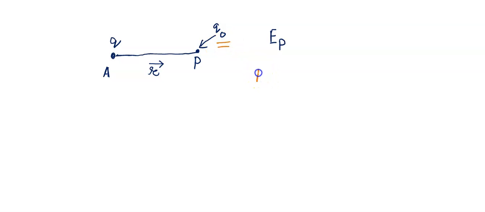So let's find the force F_P, and this will be equal to 1 upon 4 pi epsilon naught q1 q2 upon r square. Here q1 is q, q2 is q naught, and r is the position vector, with magnitude r square.